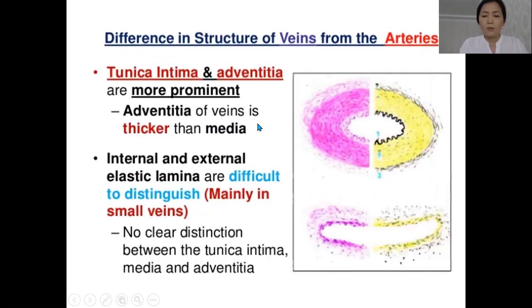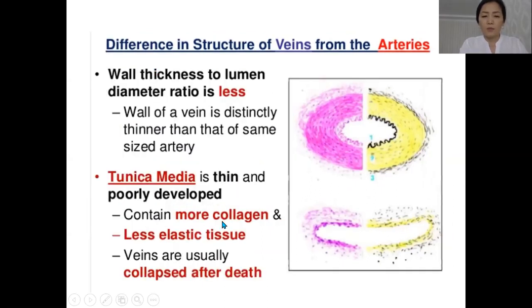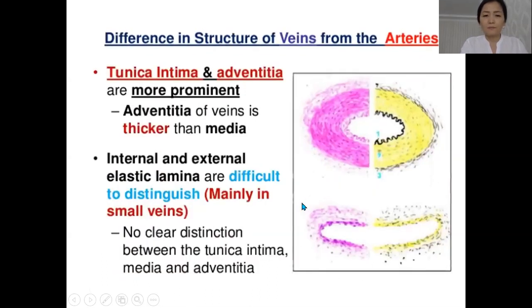First, this is a difference between the tunica media of artery and vein, and here we can see the difference in the tunica adventitia. Adventitia, for example this part is the adventitia, is thicker in vein than in artery.